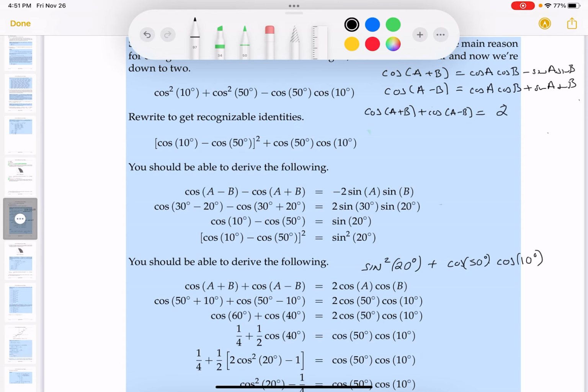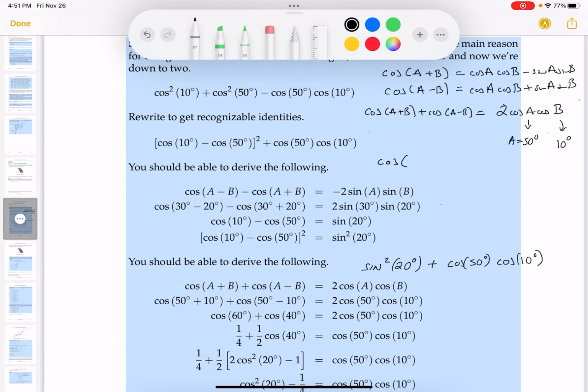I would get 2 cosine A cosine B. All right. Let's see what I can do there. I'm going to say A is 50 degrees. And I'm going to say B is 10 degrees. Let's see if that works out. And what are you going to get?